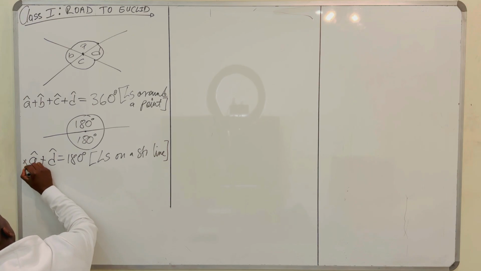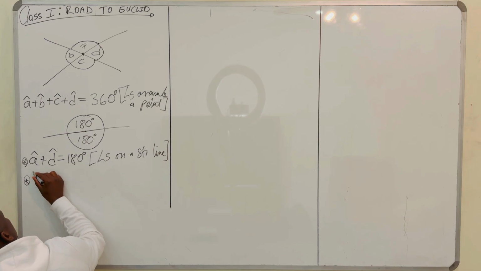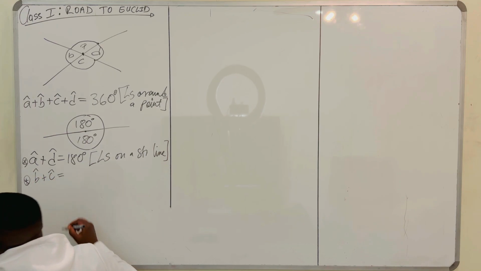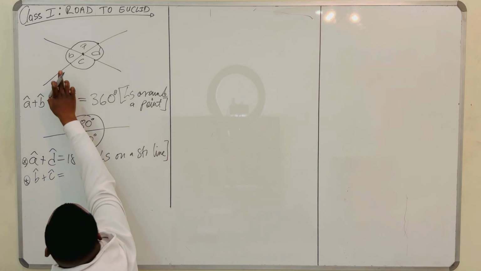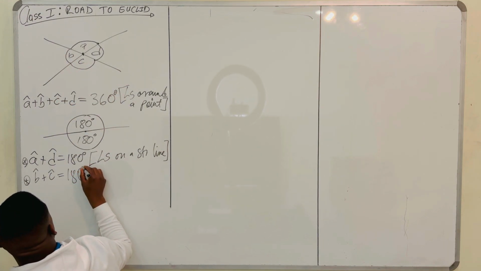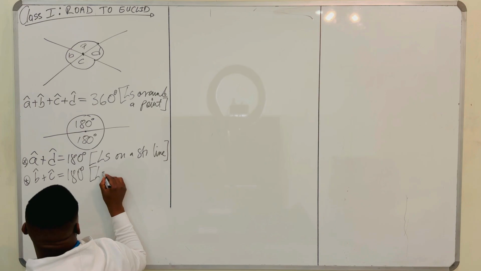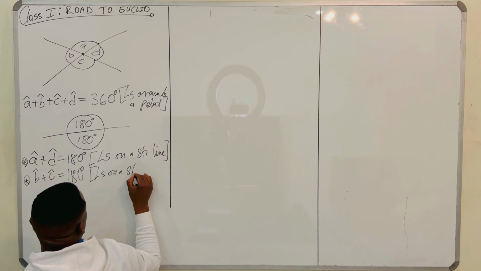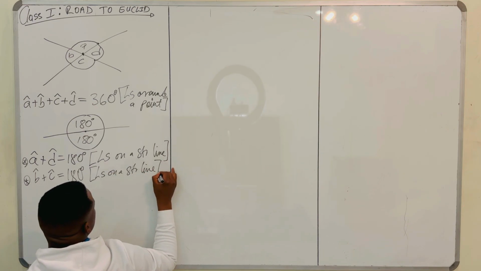Okay, this is the first one. If I were to say angle B plus angle C, what do I get? 180. You can see that they're on a line as well. So it's going to be 180 degrees. Why is that? Angles on a straight line. So the angles on a straight line are supplementary.